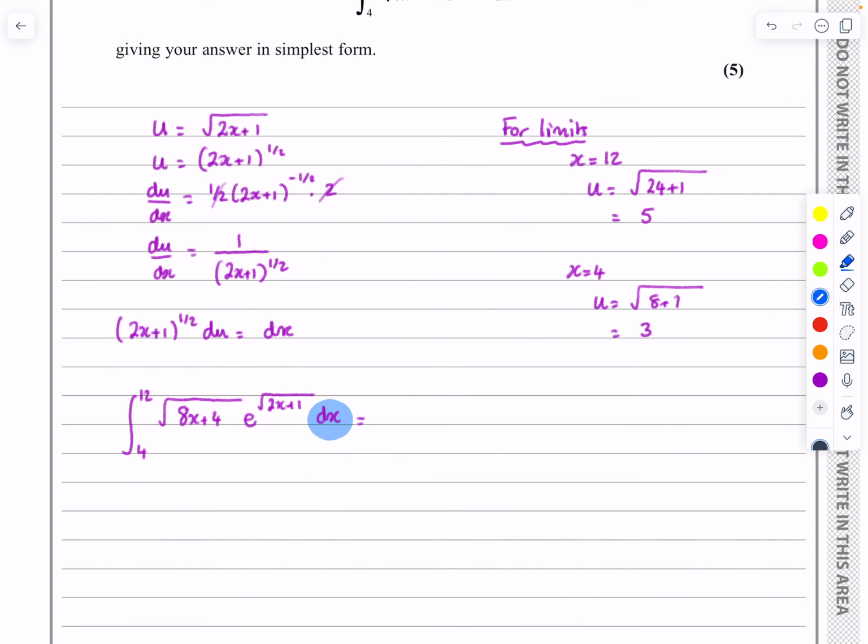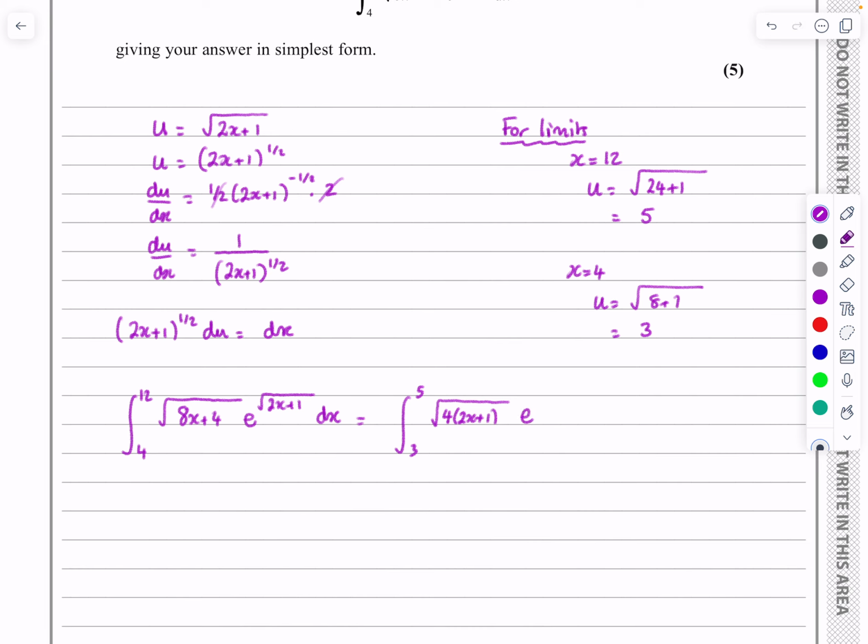Dx we've already taken care of. So this bit here then, I really want that to be root 2x plus 1. So as we go through and do this, let's do a couple of changes here. First of all, the limits have changed from 12 and 4 to 5 and 3. Now I'm not going to go through the rest of it too quickly. The only thing I will do with this first bit is I'll take 4 out as a factor. And the only reason I'm doing that is because I want root 2x plus 1. So there's that part there.